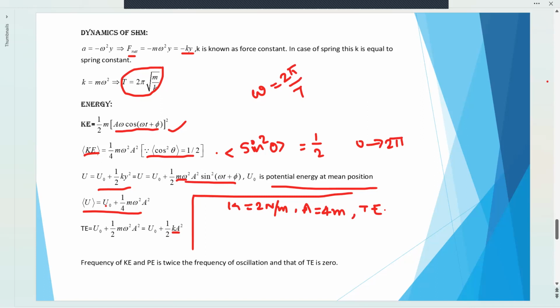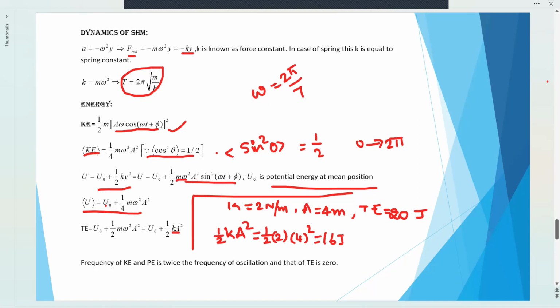And let us take total energy. See what is the value of half k a square. Half and 2 get cancelled, a square is 16. Suppose you are given total energy, it is now 20 joule. Half k a square is equal to half into 2 into 4 square, it is now 16.